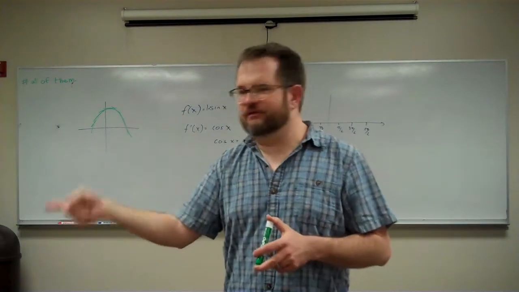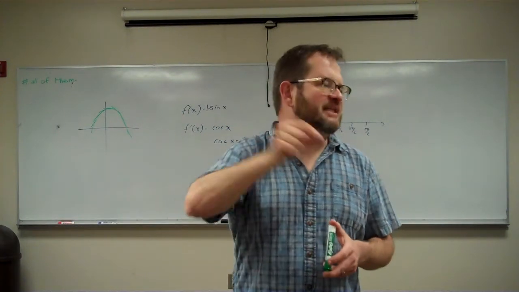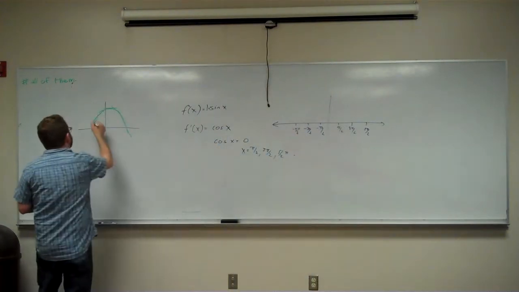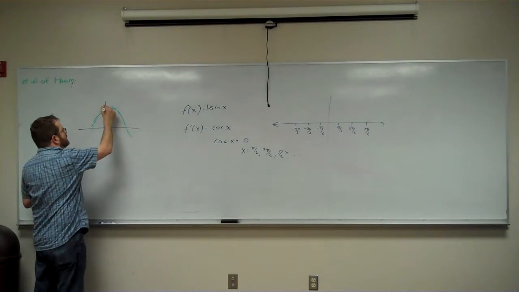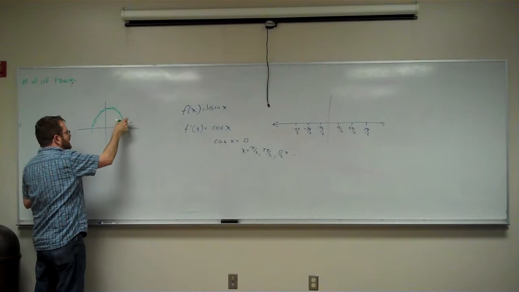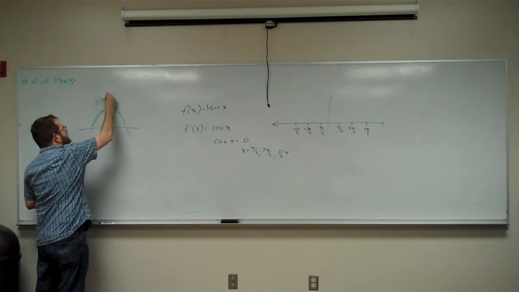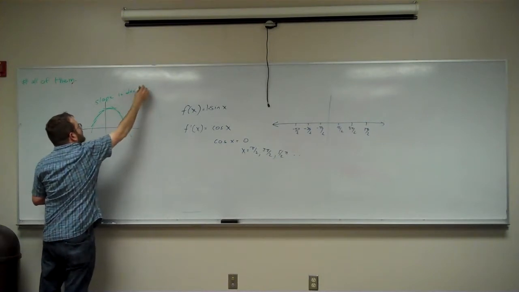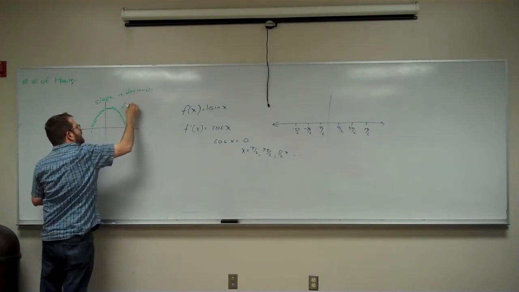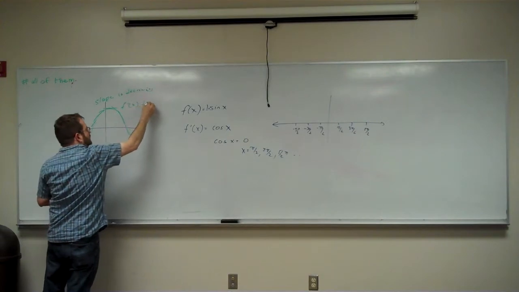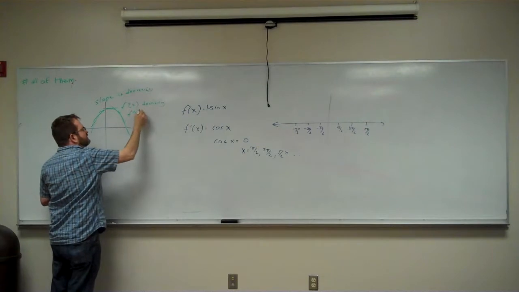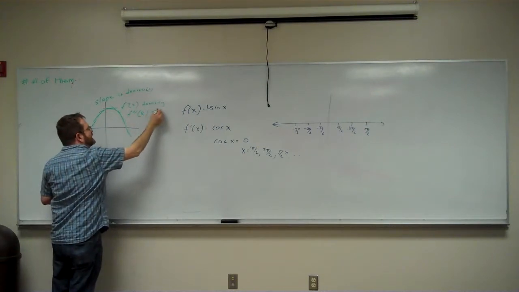Hey, that's a second derivative. The second derivative is how the slope is changing. Notice how the slope is going from being a positive number to being 0 to being a negative number. The slope here is decreasing. In other words, we need the derivative of f to be decreasing. In other words, we need the second derivative of f to be negative.